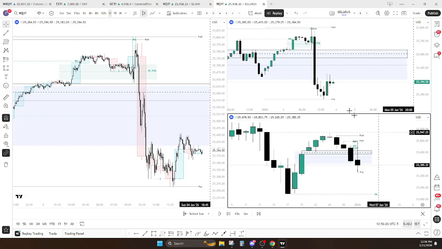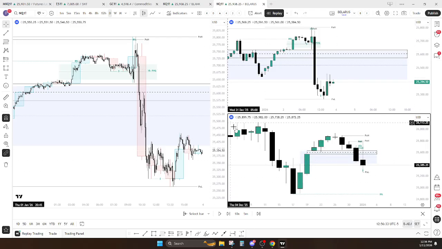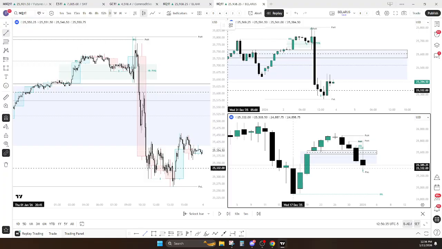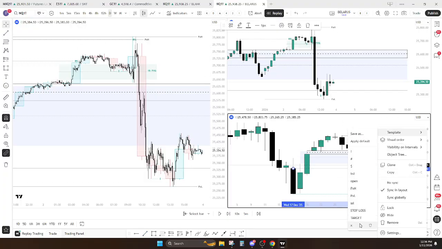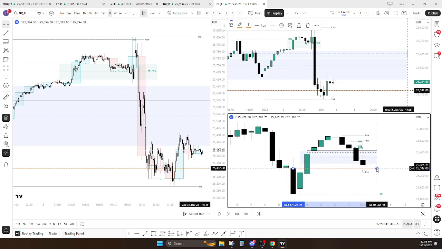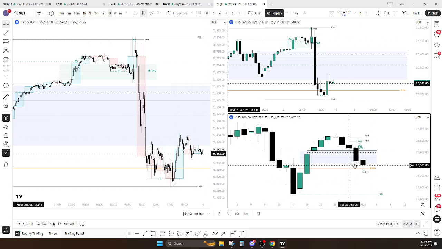Okay. So previous day high, previous day low marked out for us. We still are working around the same daily array, and we have this daily OB, bullish. And that's it.